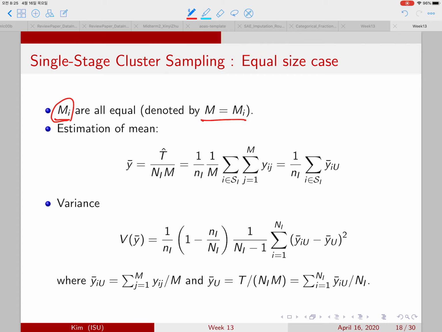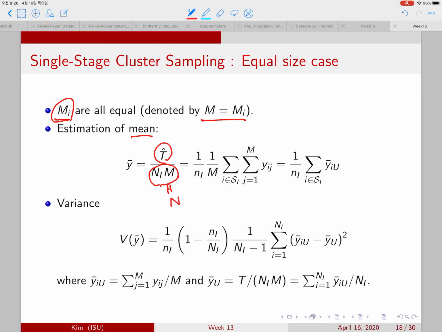So, an unbiased estimator of the population mean is then simply total divided by the total number of elements, which is N, right? So N hat, but this is fixed. So if the mi's are all equal, then N is fixed.